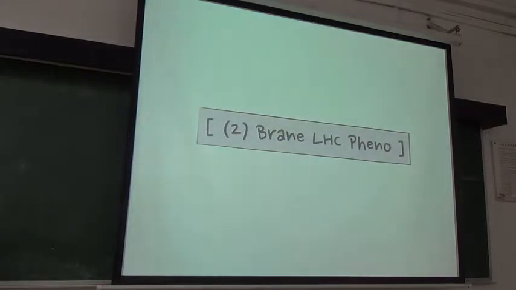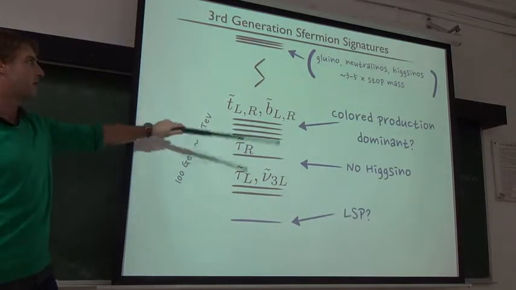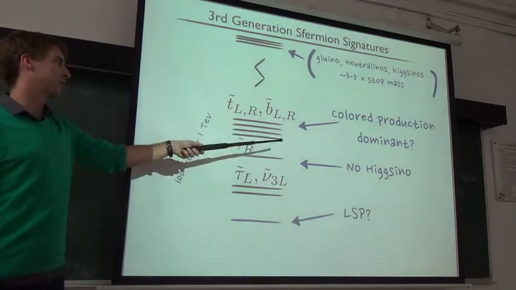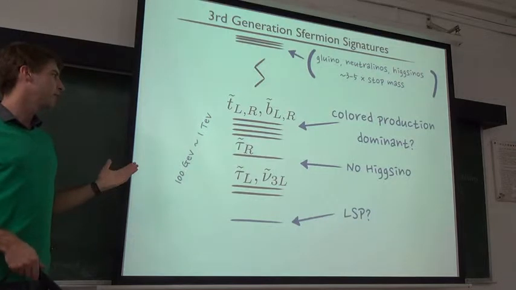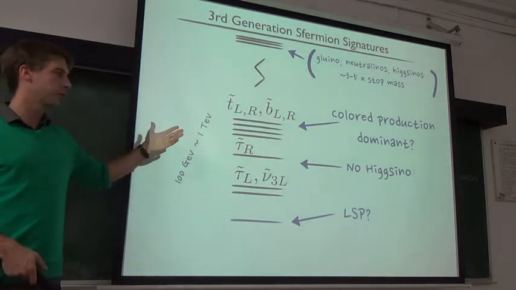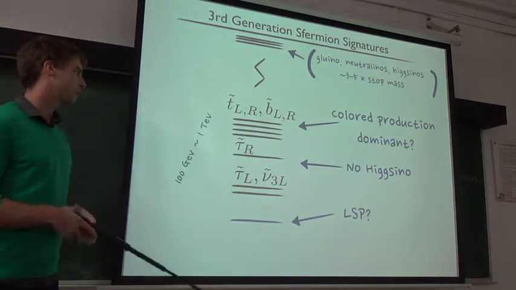So let me briefly talk about what you might expect the phenomenology of these models to be. So like I said, a prediction of these models is a big hierarchy between the gauginos, Higgsinos, and the third generation squarks. So this is a model where the first things that I would expect to produce and see at a hadron collider, like the LHC, are these third generation squarks.